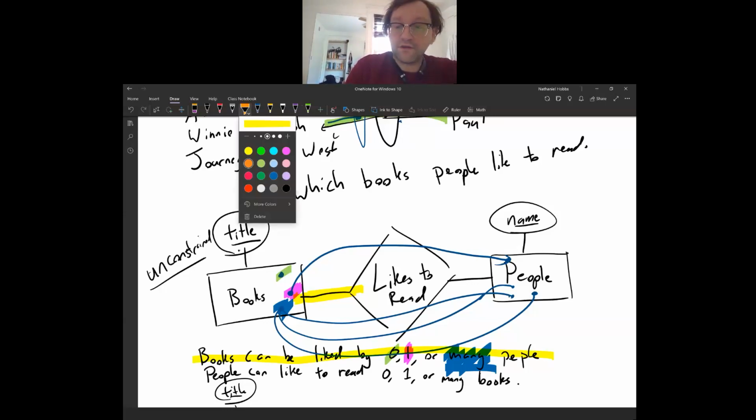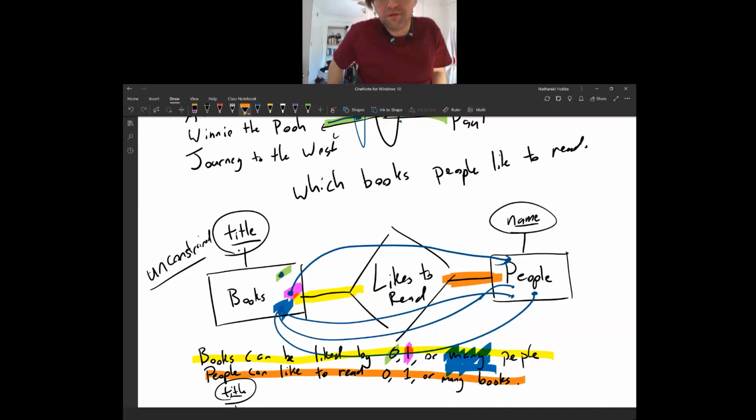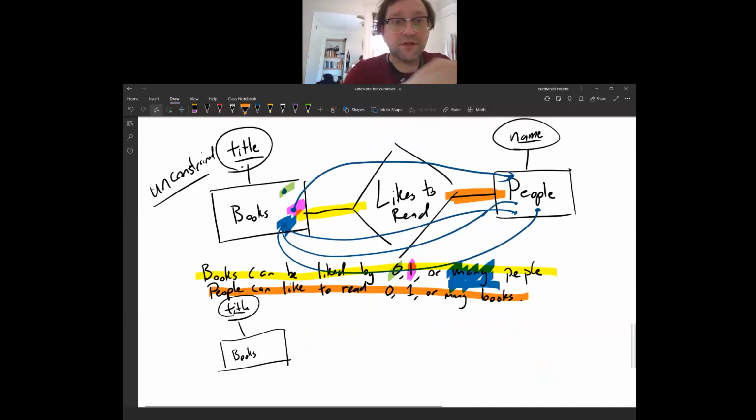But also there's the way that people relate to books, and that's here. So there's always two parts of the description. Now I'm going to take one of these and change it a little bit. And I'll invite anybody who has done ER diagrams before to volunteer themselves, just to say what changed.